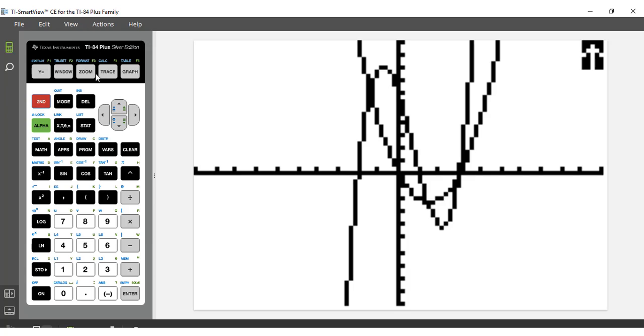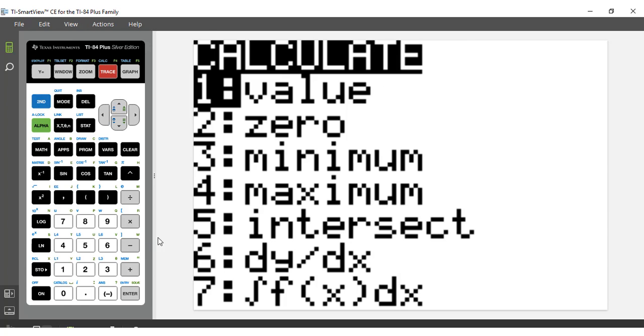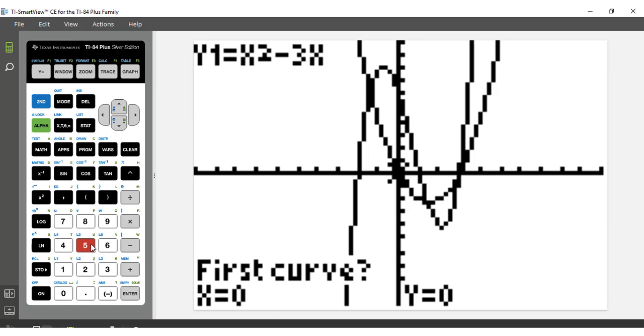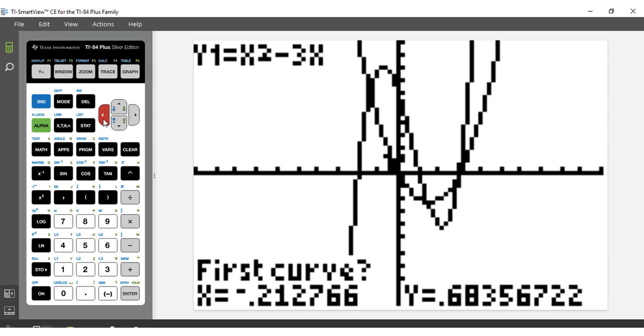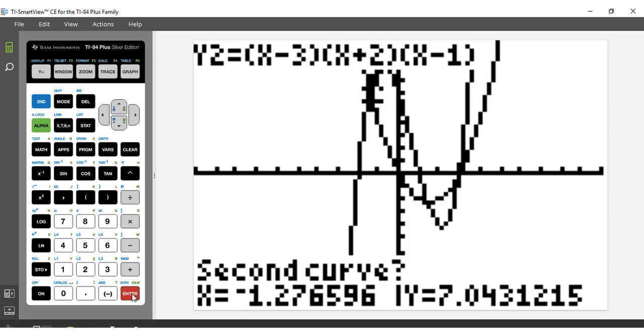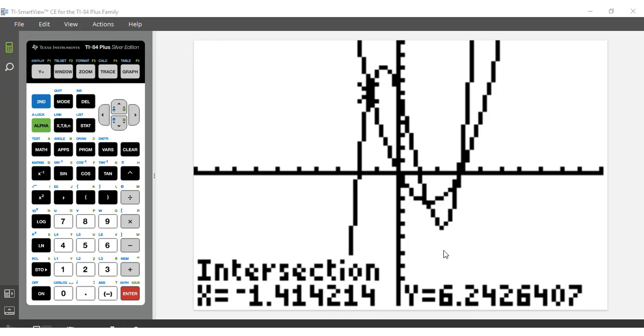So we do second trace. Go to 5. Then move the arrow close to this intersection. We will do enter, enter, enter. So the x-intercept will be negative 1.41. Use 3 significant digits.